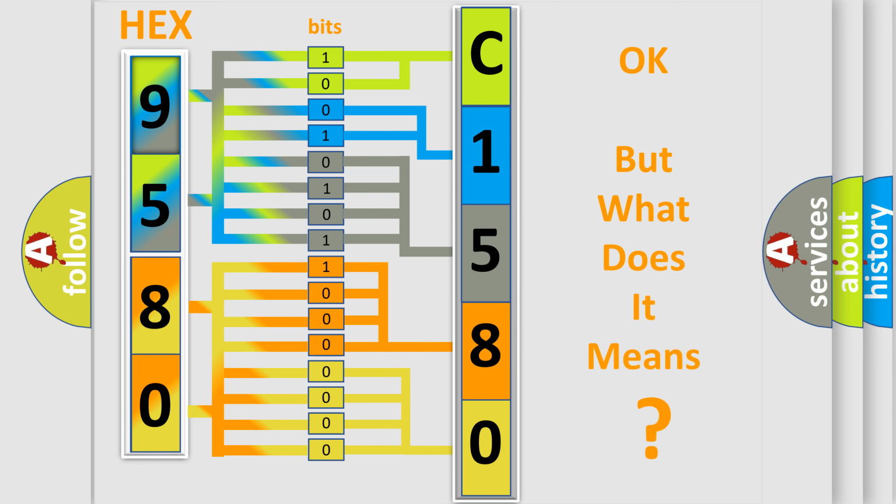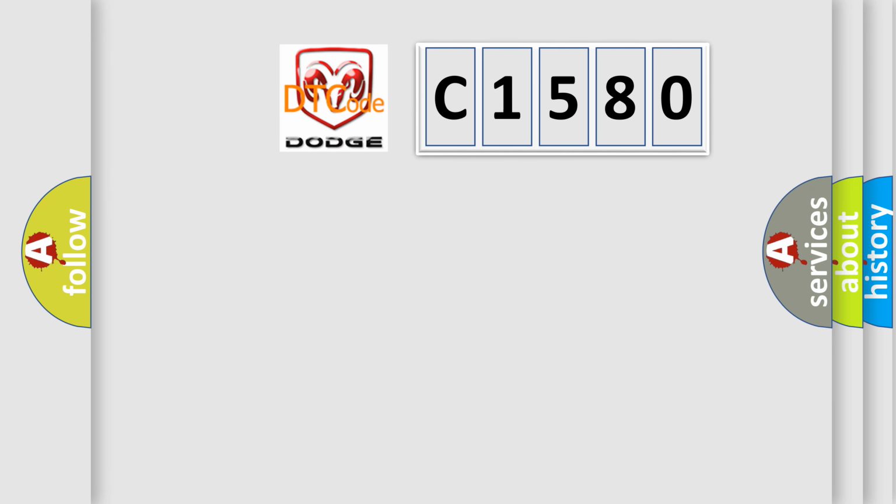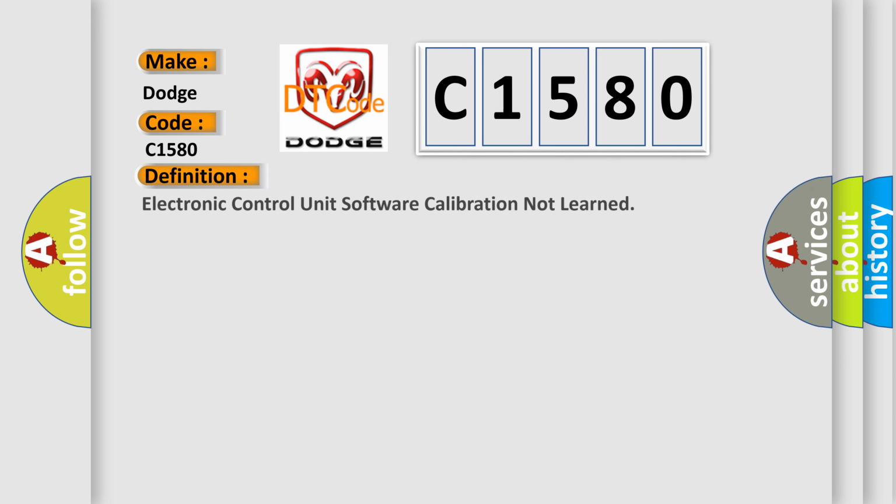The number itself does not make sense to us if we cannot assign information to what it actually expresses. So, what does the Diagnostic Trouble Code C1580 interpret specifically for Dodge car manufacturers? The basic definition is electronic control unit software calibration not learned.